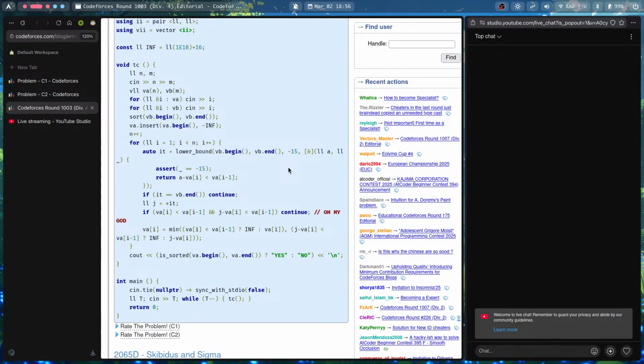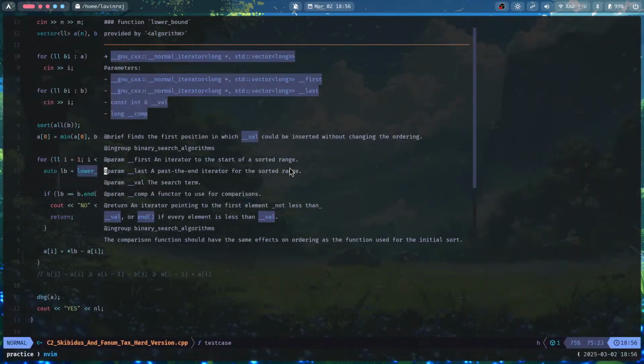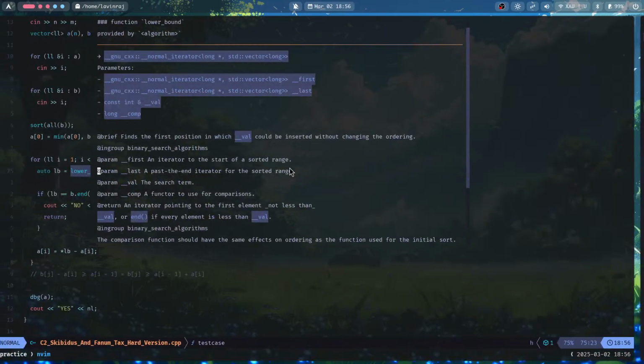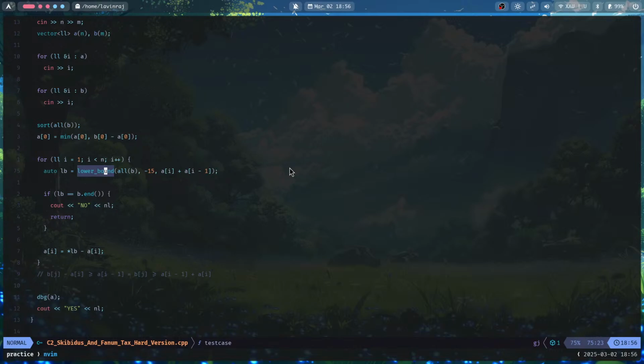Why is it sending negative 15 here? That makes no sense. The result b equals negative 15. Well, it will never be negative 15 because the b value is always a positive value.